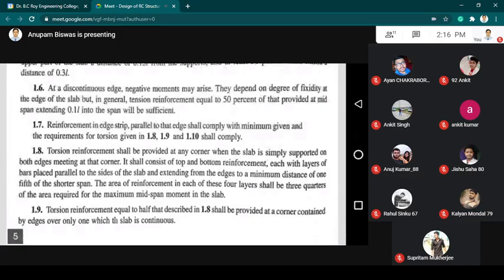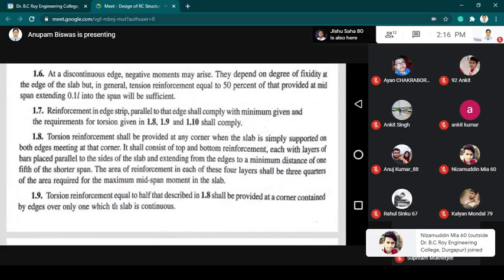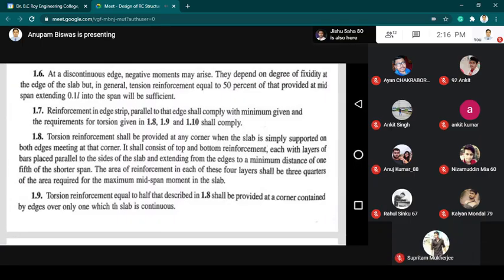This is section 1.8, which is about the torsional reinforcement to be provided at the corner of the slab for a simply supported condition when both edges meet at the corner.